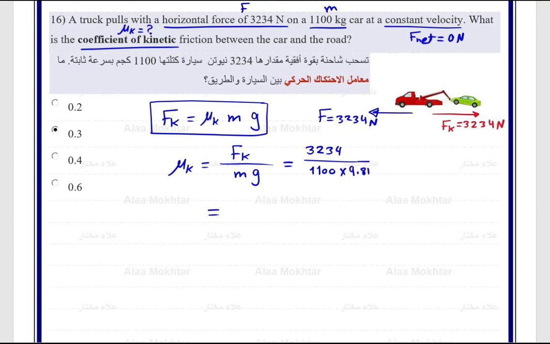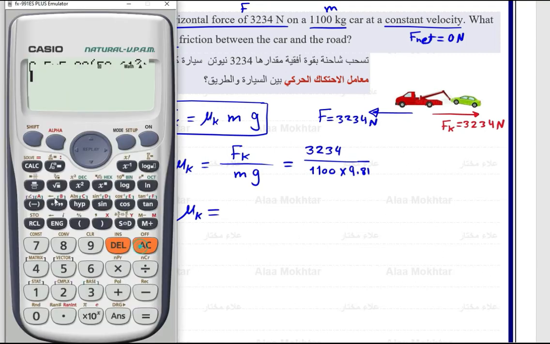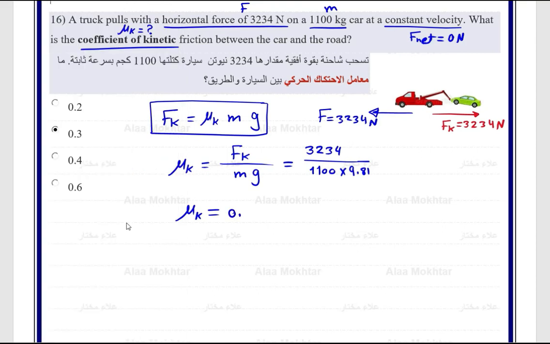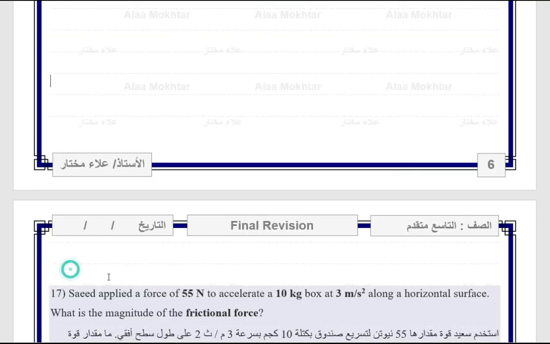So mu k equals, using the calculator, 3234 over 1100 multiplied by 9.81. The answer will be 0.299, about 0.3, without unit. Coefficient of kinetic friction has no unit.